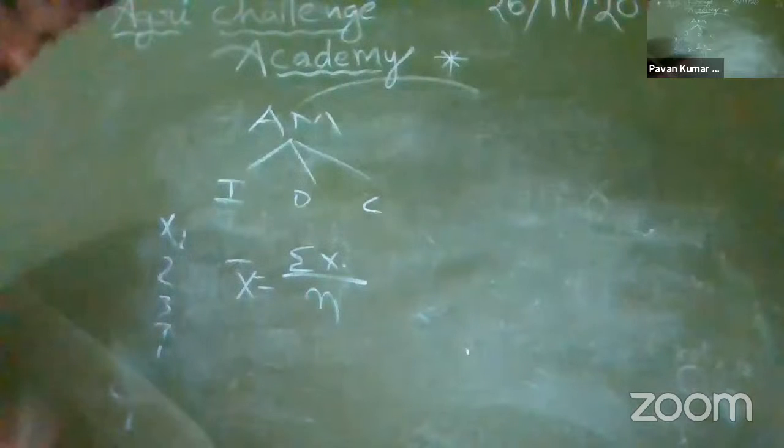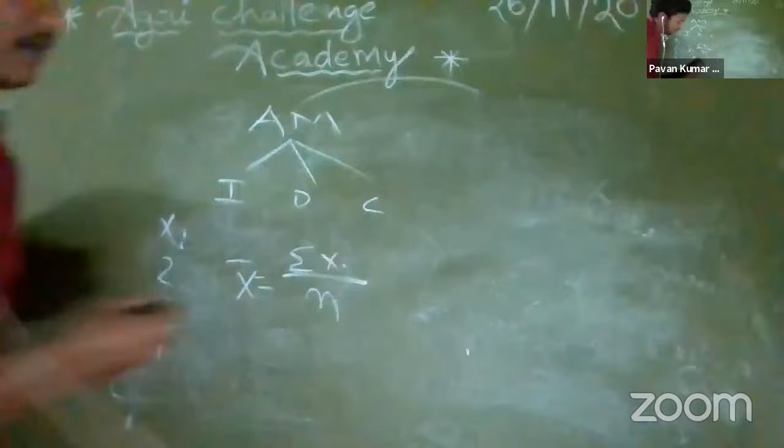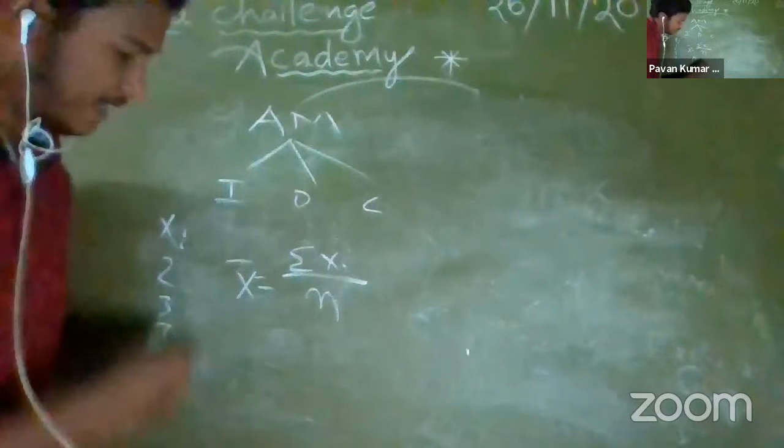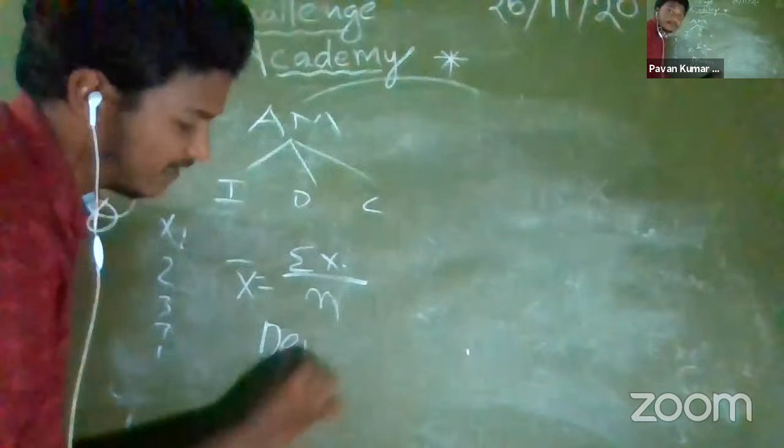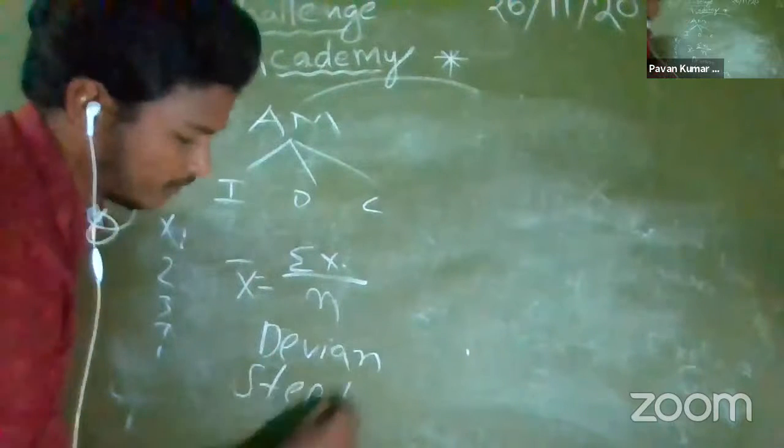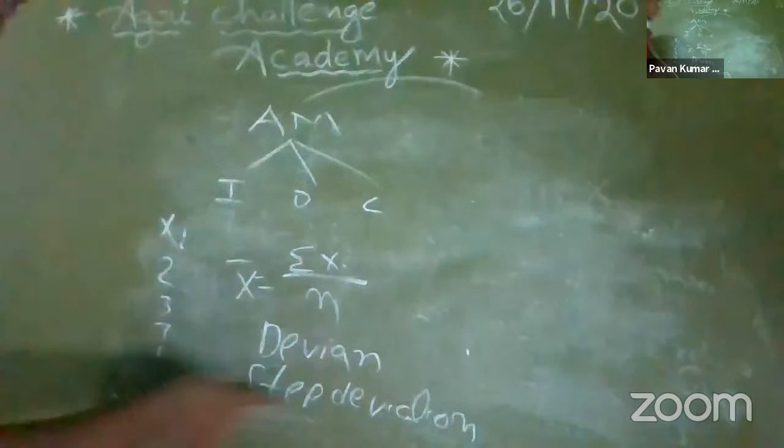For individual data, we can calculate the mean in two other forms: deviation form and step deviation form.